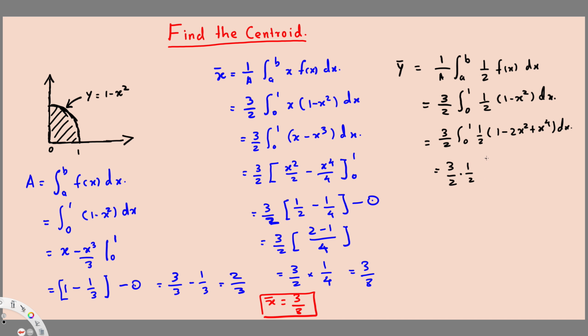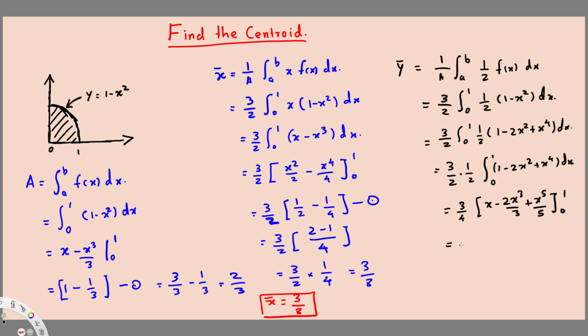Half, and that's going to be the integral of 1 minus 2x squared plus x power 4 dx. Now we can do the integration. So this is going to be 3 by 4, going from 0 to 1. Integrating, this is x minus 2x cubed divided by 3 plus x power 5 divided by 5, going from 0 to 1.